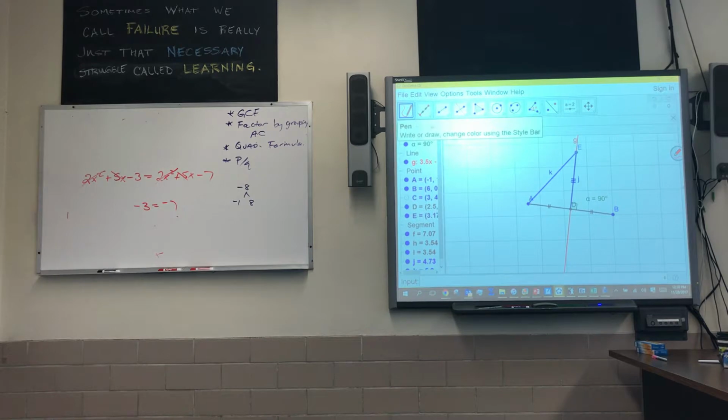That distance compared to the distance from E to B, if I look at those two things, what do you notice about them? They're parts of two triangles, aren't they? In this case, they're hypotenuses, okay? But what do you know about the two triangles that they come from?